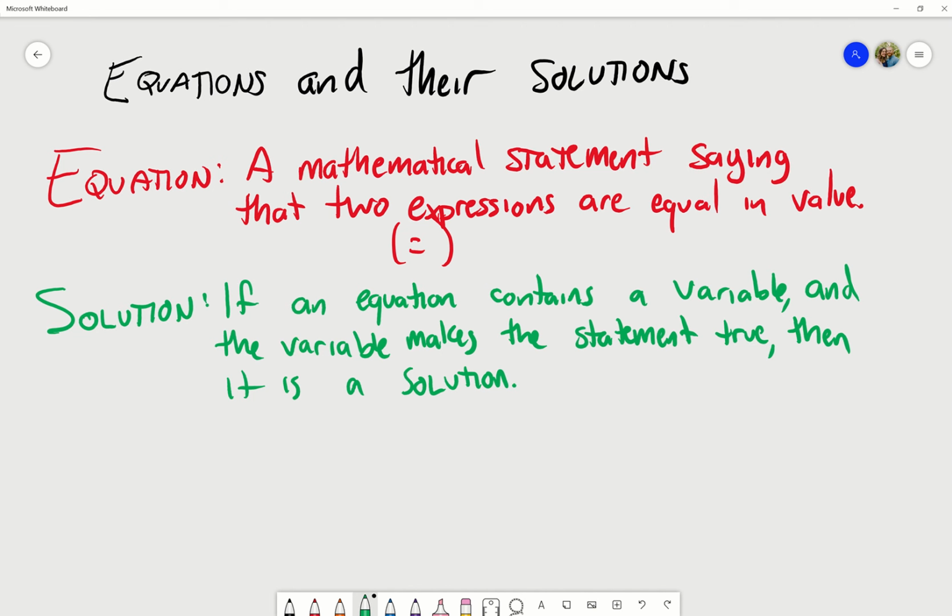So if an equation contains a variable, and that variable, whatever that value is, makes the statement true, then that number is a solution.